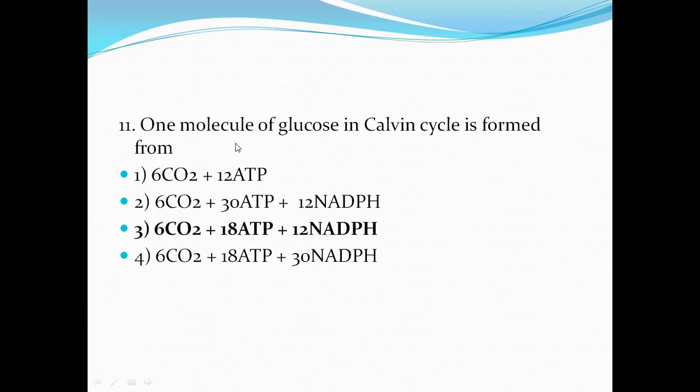One molecule of glucose in the Calvin cycle is formed from. Okay. Now they have asked the input here. So how many different molecules are involved to form one molecule of glucose? Now you know very well that 6 Calvin cycles are required for the synthesis of one molecule of glucose. So it requires 6 carbon dioxide, 18 ATP and 12 NADPH.